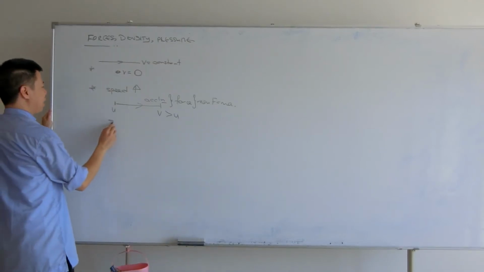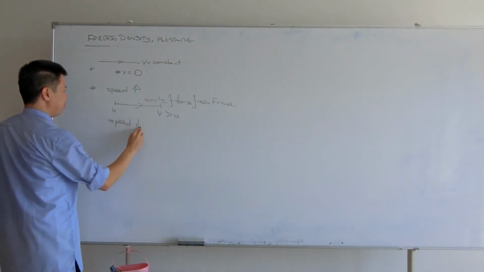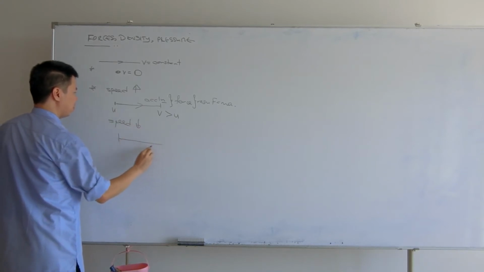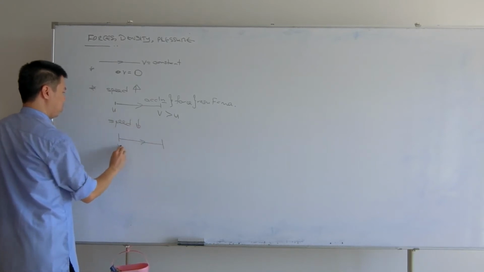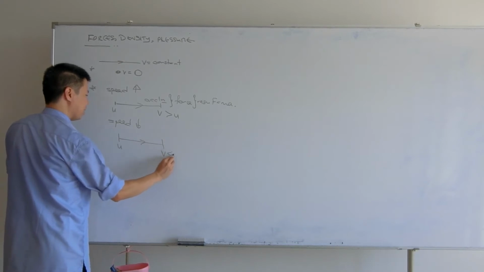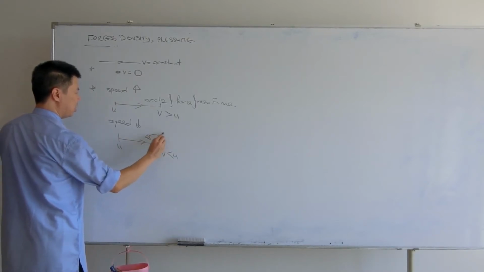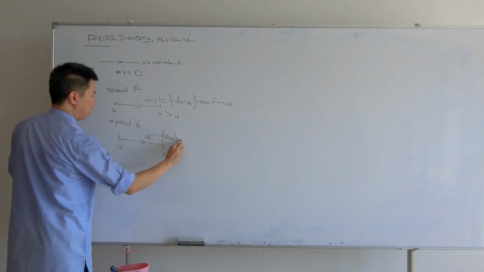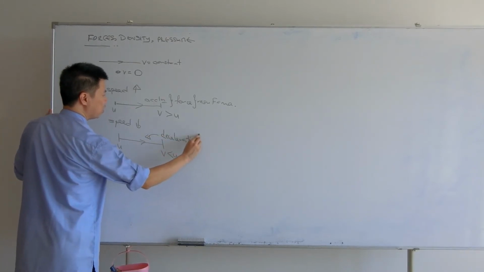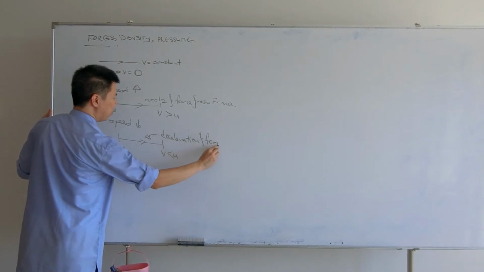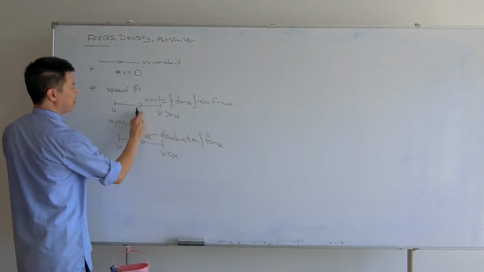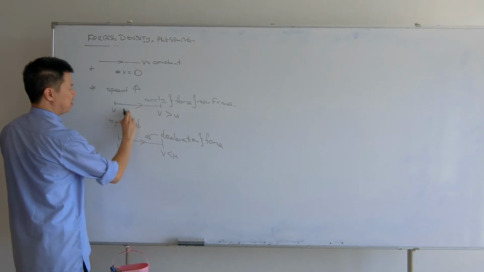Similarly, if we have a decrease in speed, where your v is now less than u, therefore deceleration has occurred. And for deceleration, you also need a force applied. To increase the speed, the force is in the same direction as the direction of motion.